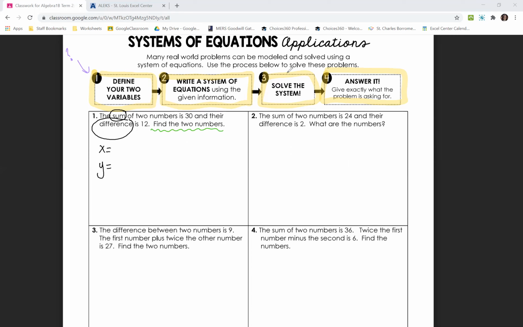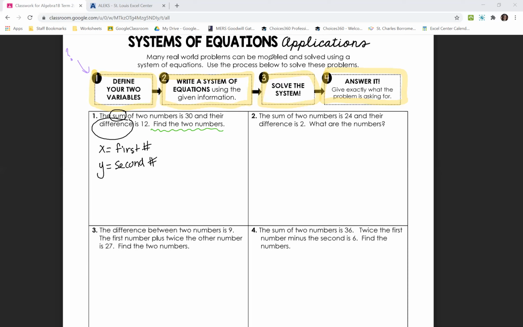So let's write that X is one of the numbers and Y is one of the numbers. It may help us as well to say X is the first number and Y is the second number. Number A, number B, whatever you want to write, but they're each one of the numbers.